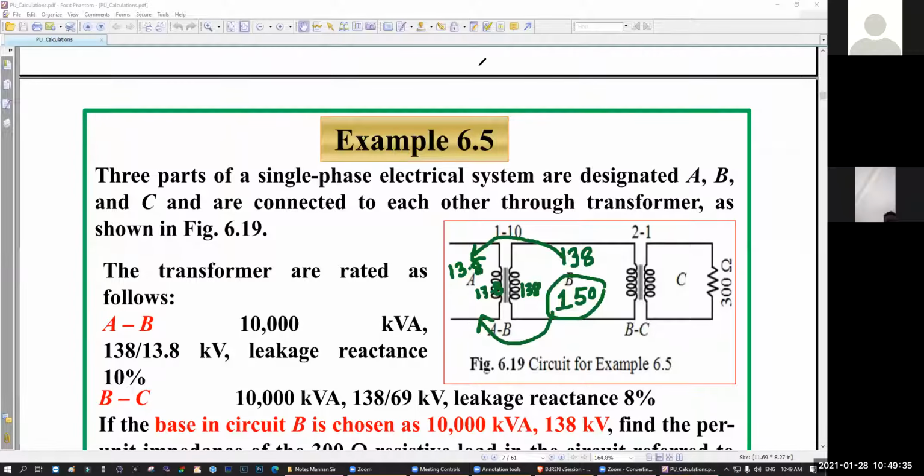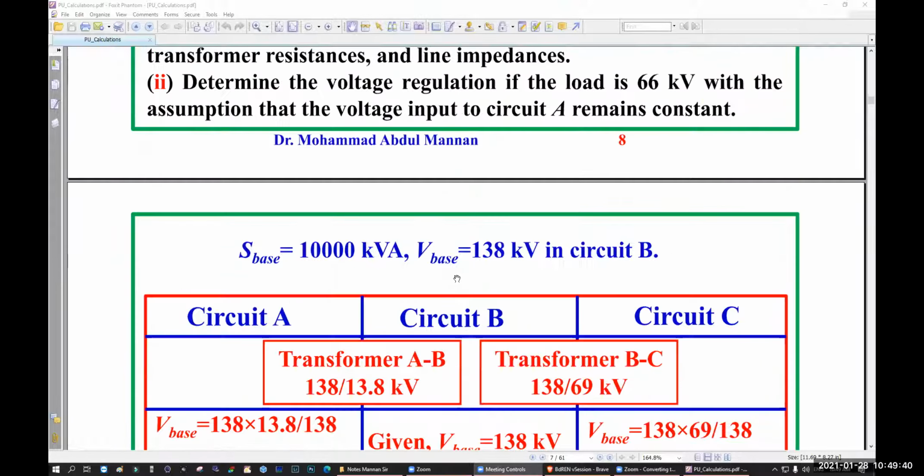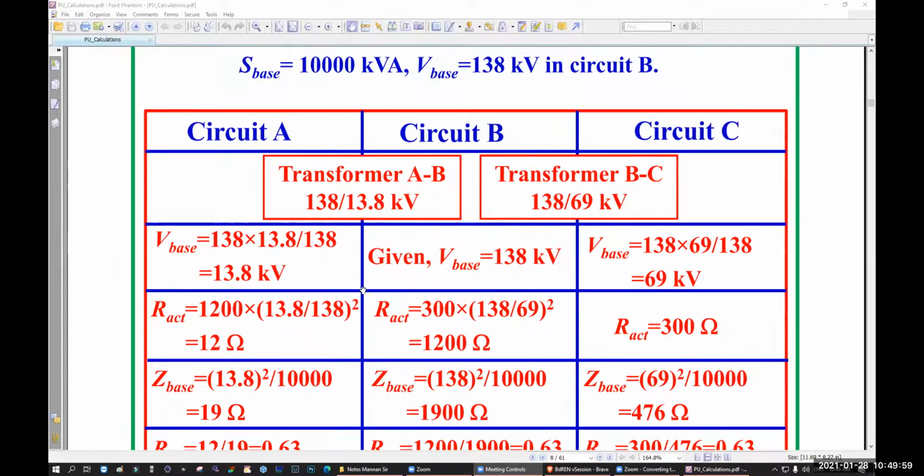So maybe 15 kilovolt, something like that. So that's why you have to calculate. If your V base is this much, for your circuit A, V base will be 10 times less, that means divided by 10. Here the base will be 2 times less, right? So here the base is 138, here the base will be 69.